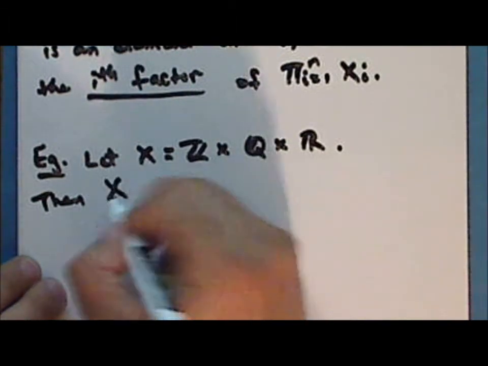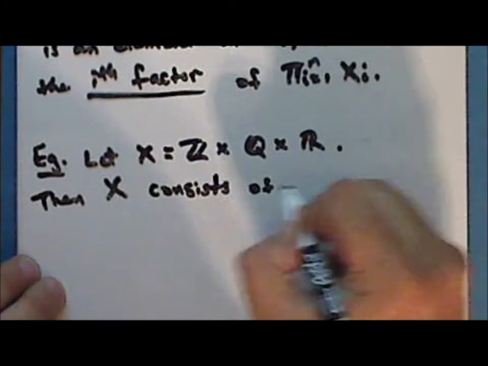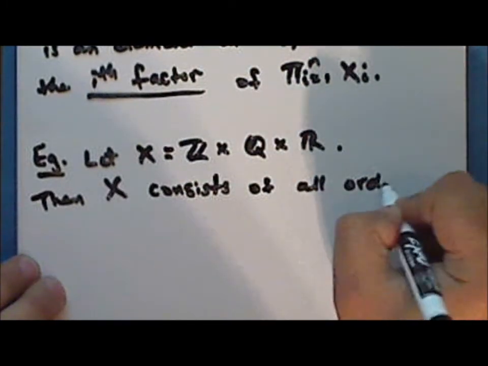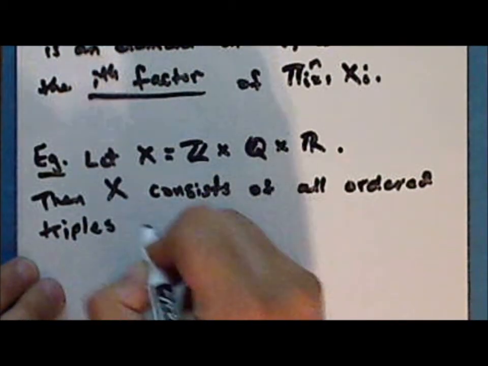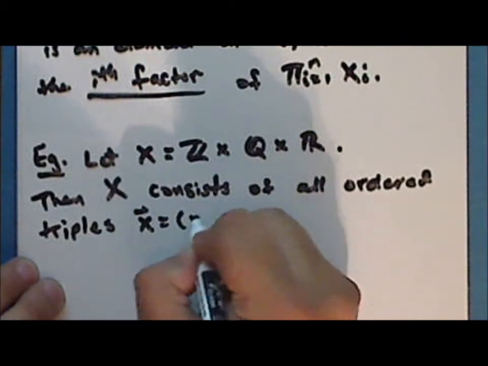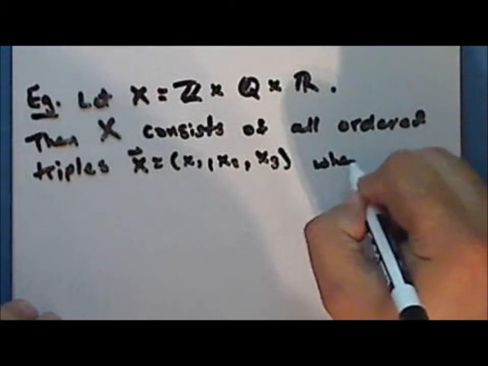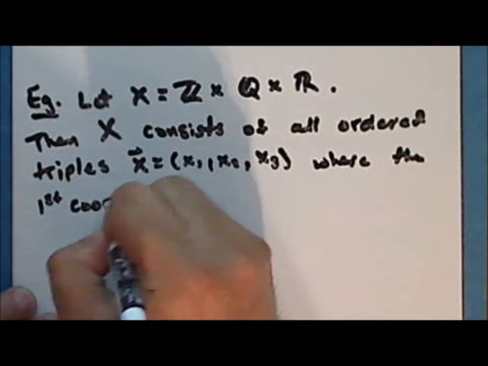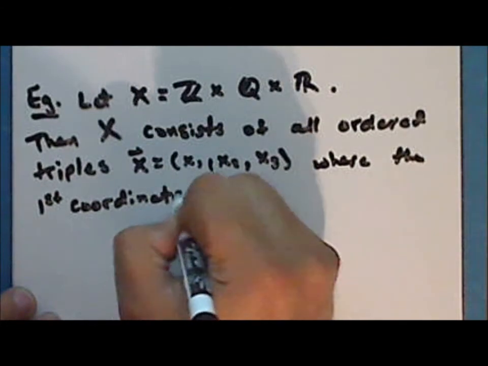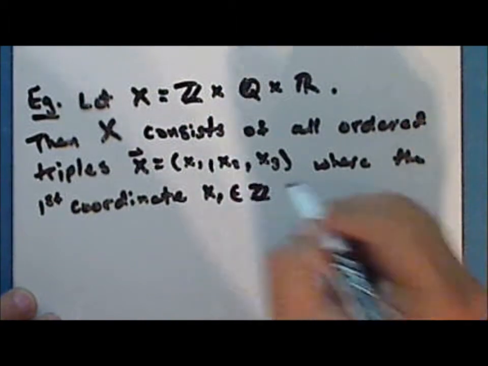Then the set X consists of all ordered triples x sub 1, x sub 2, and x sub 3, where the first coordinate, x sub 1, is an element in the set of integers.